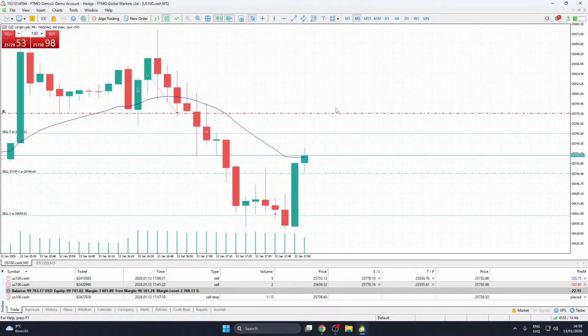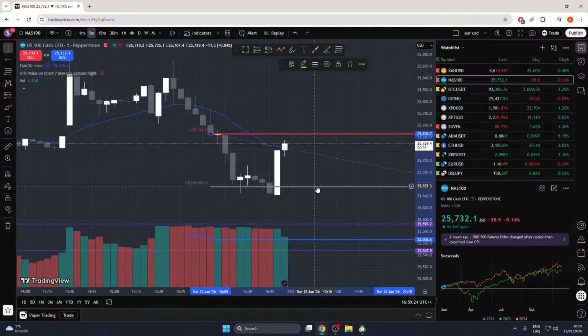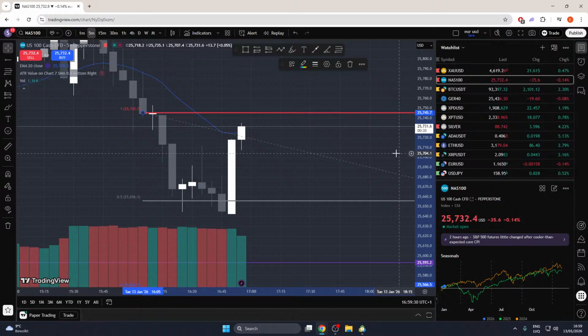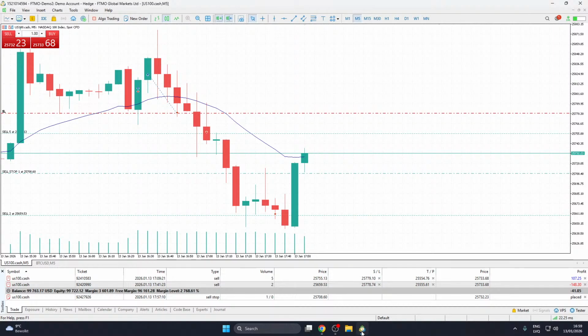So we had a big bull bar, but as of now, where is the follow through? Where's the follow through? Where is the follow through?